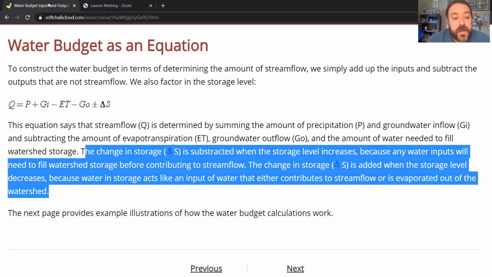It says the change in storage is subtracted when the storage level increases, because the water input will be needed to fill the storage. When we lose something like that, we are going to add that. We're going to add it when the level decreases, right? And that's how we're going to do our equation. And it'll make sense when we finish our drawing, I promise.